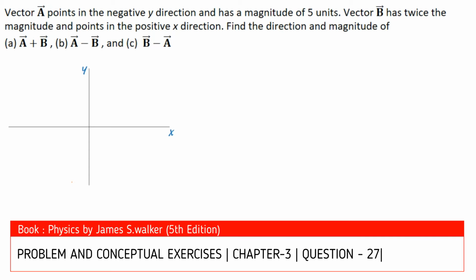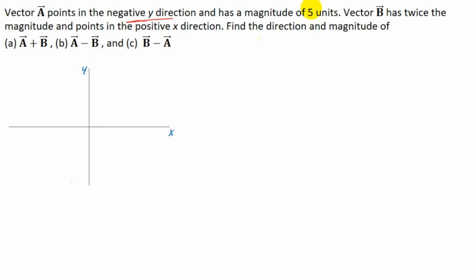So here in this question we are given a vector A that points along the negative y direction and has a magnitude of 5 units. So this is our positive y direction, this is the positive x direction. So the vector would be in the negative y direction, so this would be the vector and its magnitude is 5 units. So A, we have 5 units.